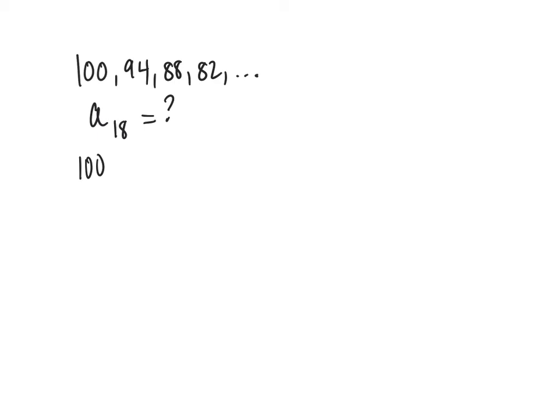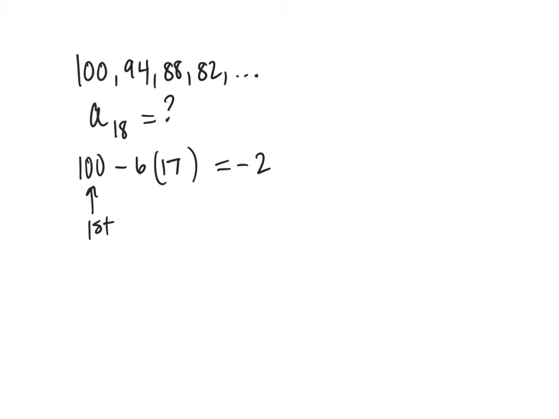I start at 100, I'm taking away 6, and again, because 100 is the first term, I only have to move 17 places in that sequence to get to the 18th term. So 6 times 17 is 102, and 100 minus 102 is negative 2.